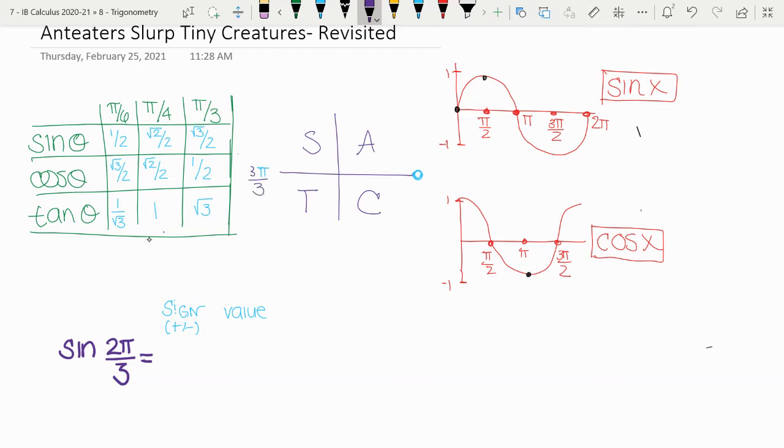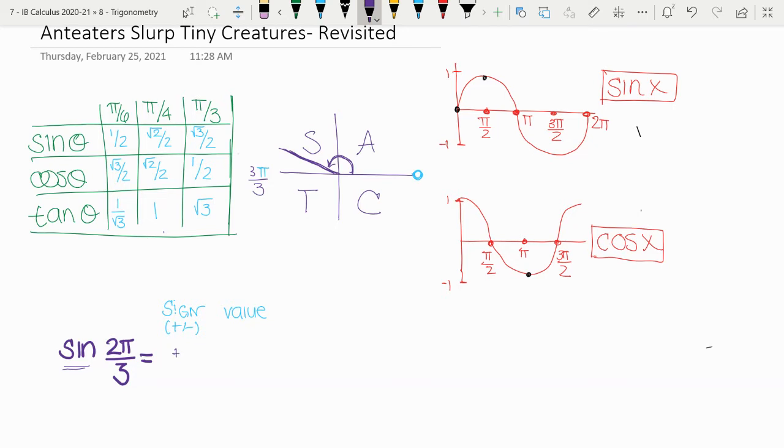That way, 2 pi over 3 makes a lot of sense to me. That 2 pi over 3 would be in quadrant 2, because it's one count before 3 pi over 3. So because it's in quadrant 2 and we're dealing with sine, the sign is going to be positive.